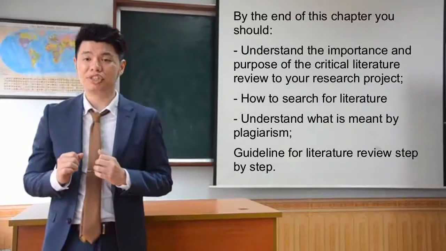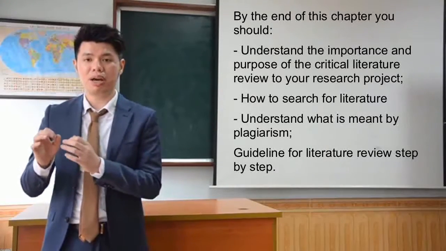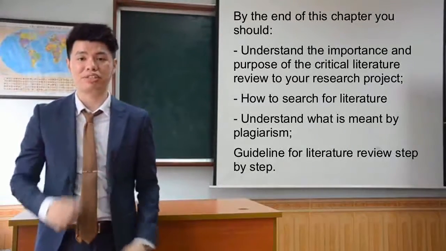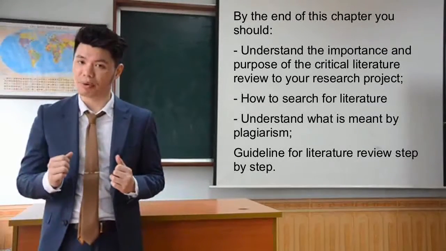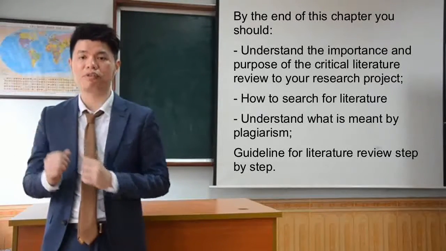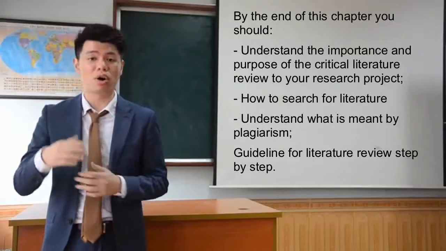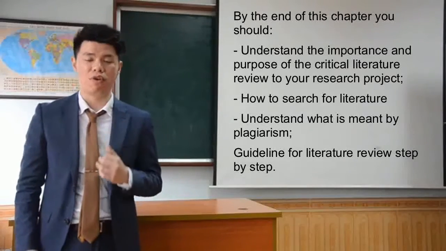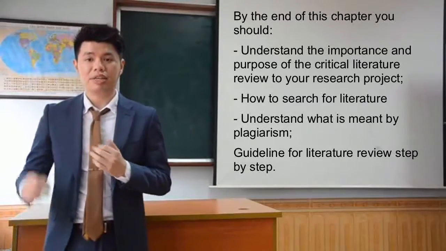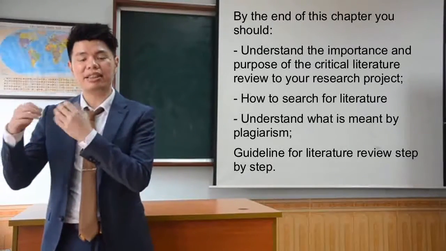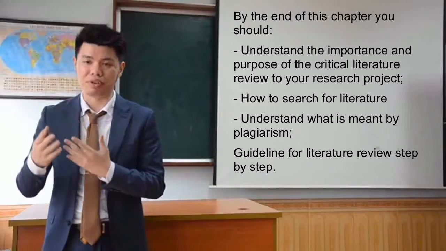By the end of this chapter, students should be able to understand the importance and the purpose of the critical literature review to your research project, how to search for literature, and define the keywords. You go online or go to the library and look for the sources. You understand what is meant by plagiarism, and we give the guideline for literature review step by step.